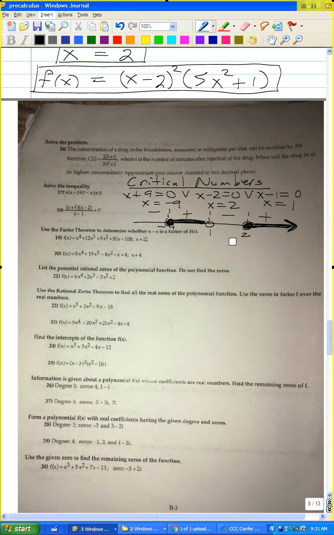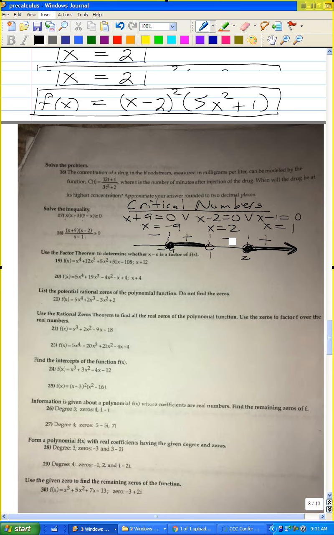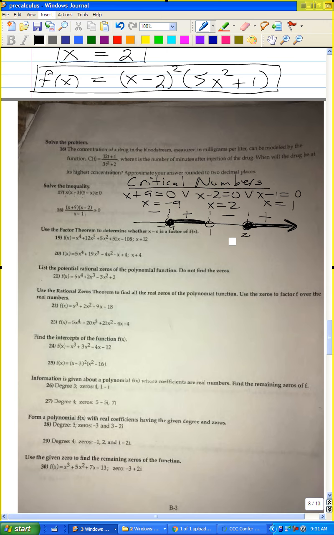Find the intercepts. Okay, so let's do that. Let's do 24.